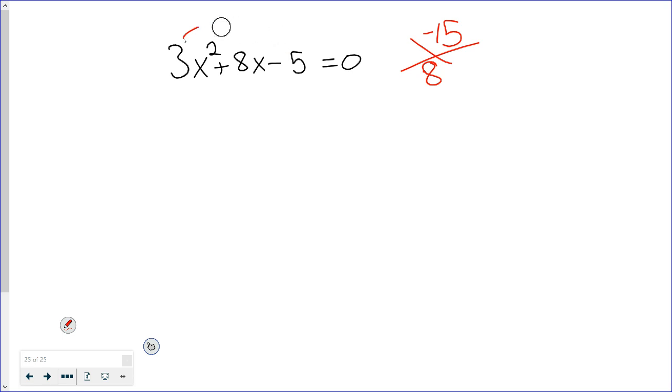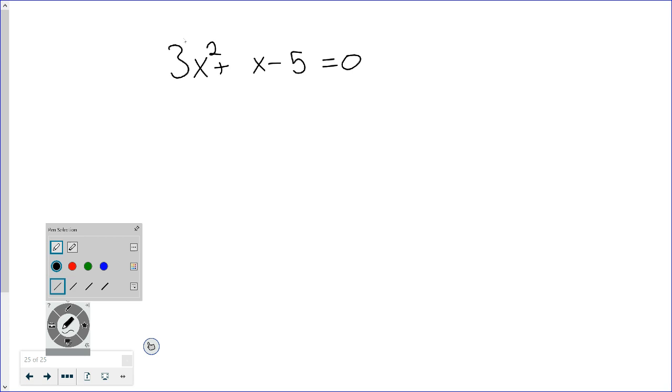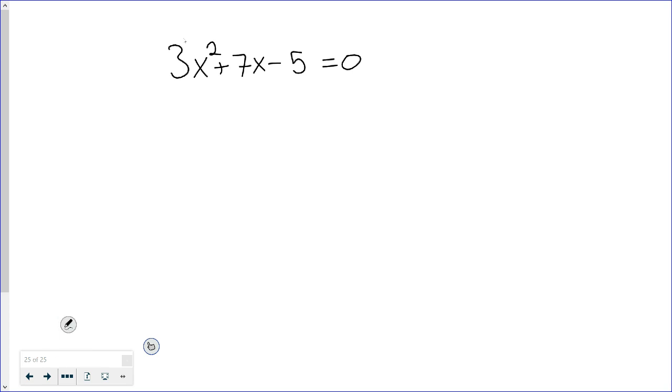So if I get rid of that, I need to change this to 7. Just trust me. Okay. So this one, once again, still wouldn't work with the 7 either. So if I went and did this, then we have to use the quadratic formula.